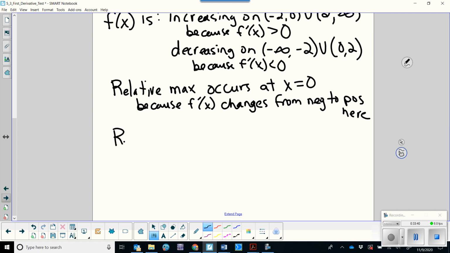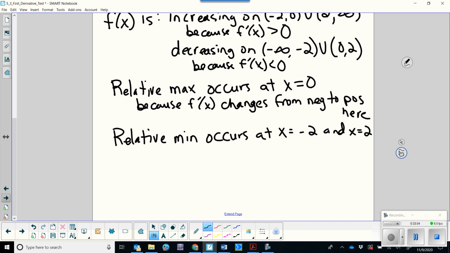And then there is a relative min. Relative min occurs at x equals -2 and x equals 2. And that's because f prime of x changes from negative, no, not negative to positive, these are relative.